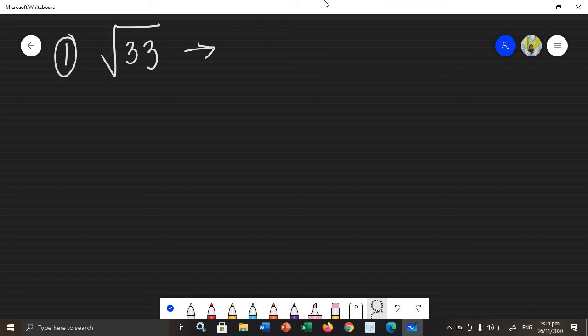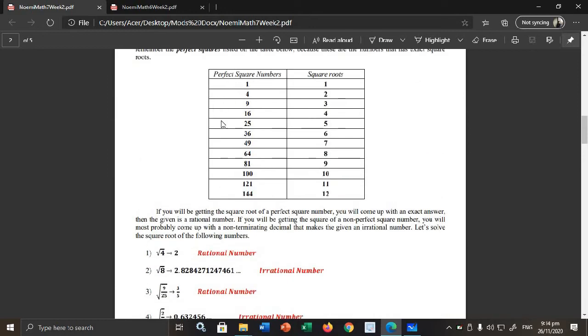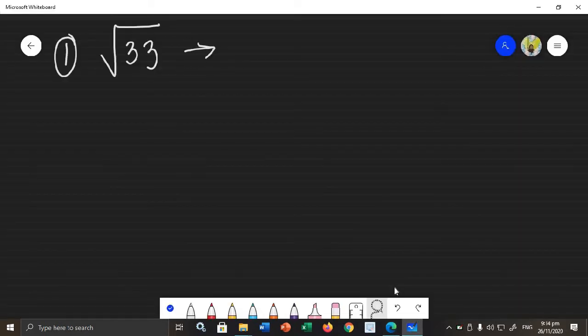So, di ba, meron tayong table kanina sa module which are the list of perfect square numbers. Okay? And then the given is square root of 33. Ngayon, titingin kayo doon sa table ng mga perfect square numbers. And then, pipili kayo ng dalawang perfect square numbers na kung saan mapapagitnaan si 33.